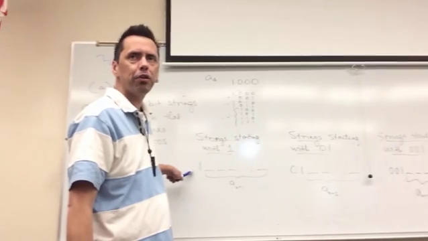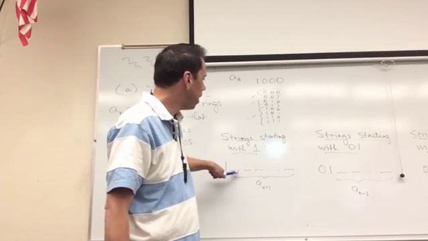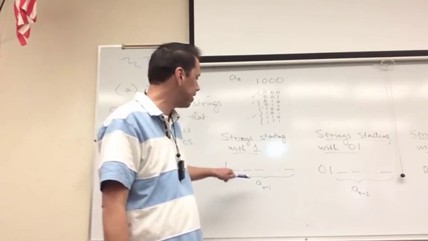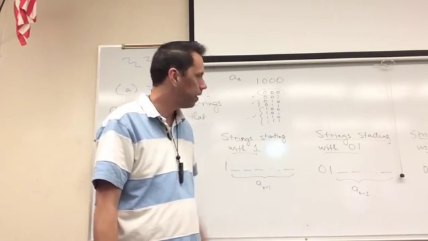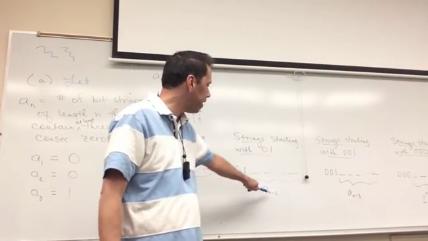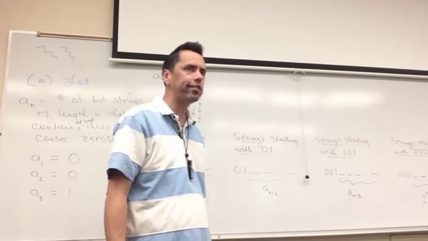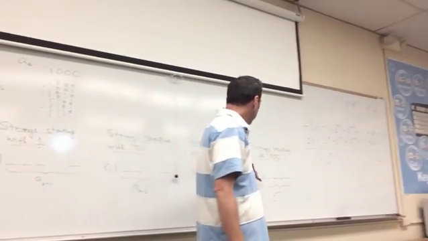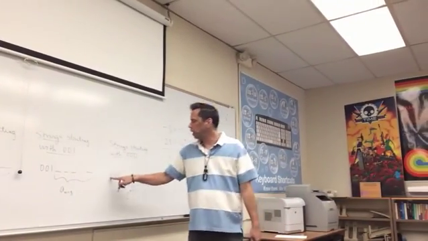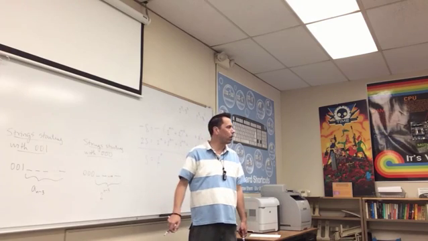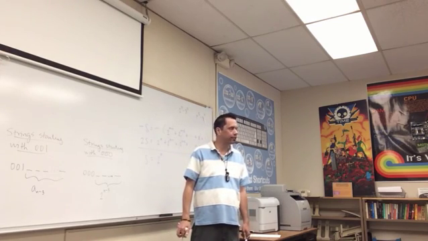So starting with 1 is totally unhelpful to get the 3 consecutive zeros. The number of ways to get 3 consecutive zeros in n minus 1 spaces is this many. Starting with 0, 1 is also completely unhelpful. The number of ways to fill that in so that you have 3 consecutive zeros is this many. Same for this. But then this one is totally different. Since I've already got the 3 consecutive zeros, I can fill in these spaces any way I want. So that's 2 to the n minus 3.